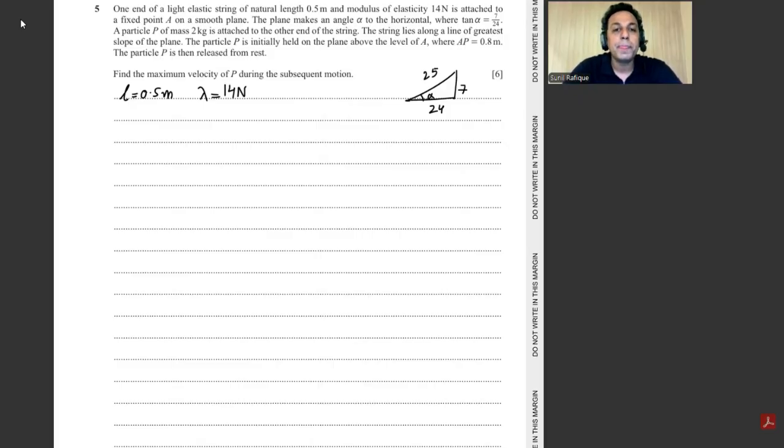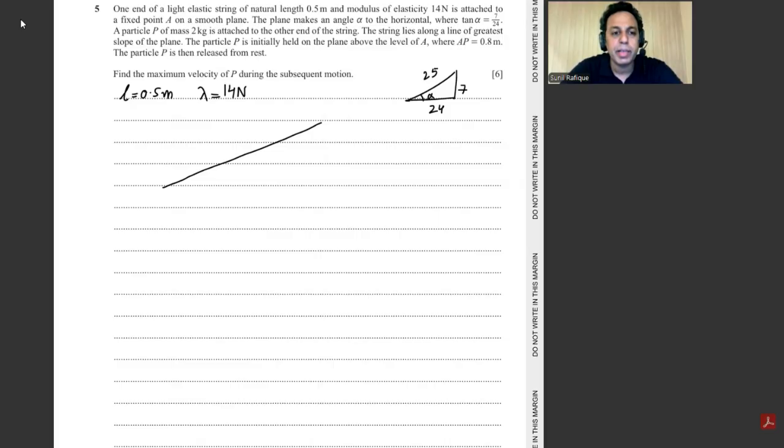You can check that. A particle P of mass 2 kg is attached to the other end of the string. The string lies along the line of greatest slope of the plane. The particle P is initially held on the plane above the level of A, where AP is 0.8. So this is the situation now.